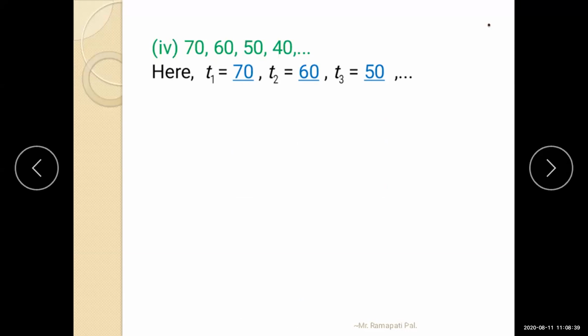Let's see what is D. We know the formula to find D is equal to T2 minus T1. So D is equal to 60 minus 70. So what will be the answer? Yes, correct. Very good. D is equal to minus 10.